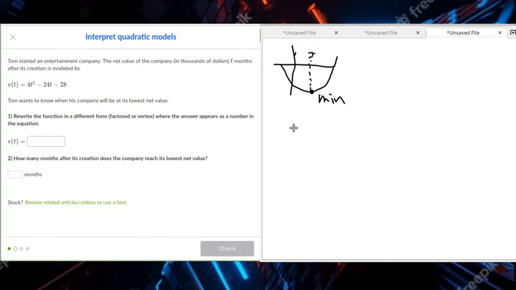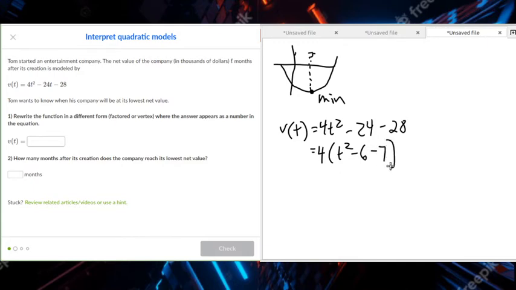So v of t is equal to 4t squared minus 24t minus 28. And the first thing I'm going to do is factor out a 4 here: t squared minus 6t minus 7. So this is, oh, shockingly, almost the same. Almost 6t.